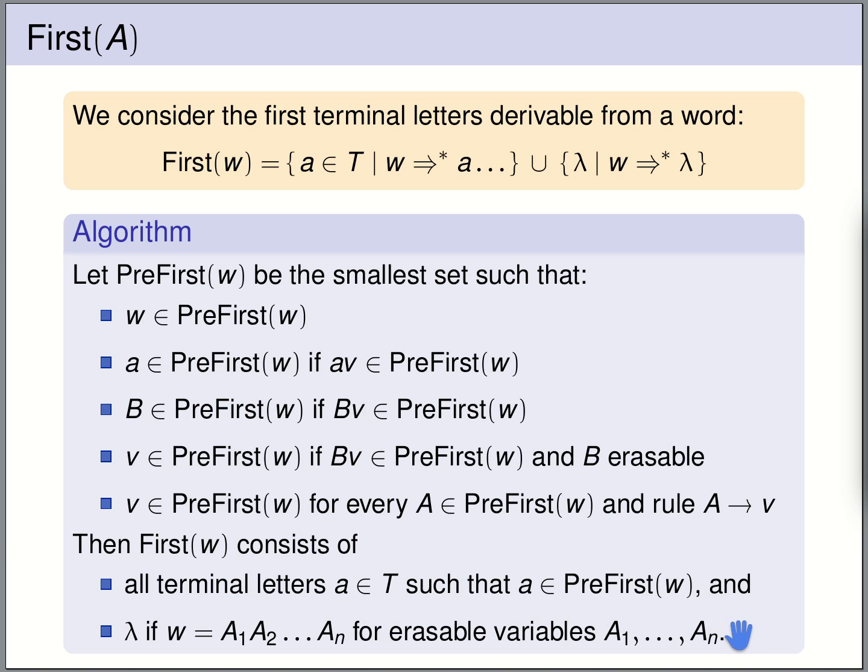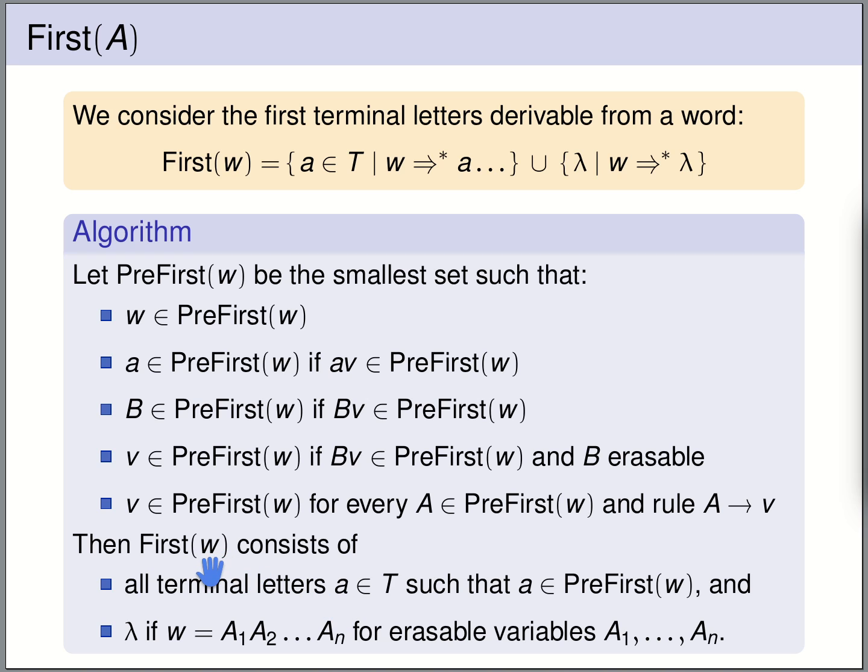So, and this is actually an important point, it could be that lambda appears in pre-first of W, but lambda is not necessarily in first of W. Lambda is added to first of W only if the word W itself consists only of erasable variables.